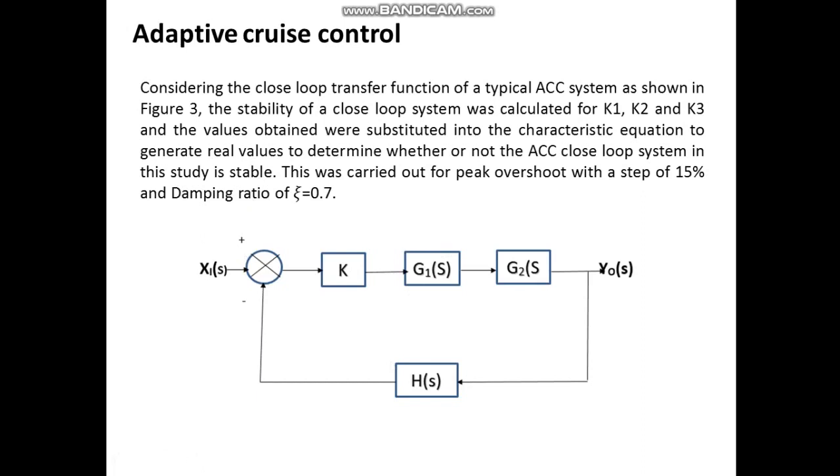Considering the closed loop transfer function of a typical ACC system, that is the adaptive cruise control system, as shown in figure 3, that means the figure which is shown here, the stability of the closed loop system can be calculated for constants K1, K2 and K3, and the values obtained were substituted into the characteristic equation to generate real values to determine whether or not the ACC closed loop system is stable in this particular study.